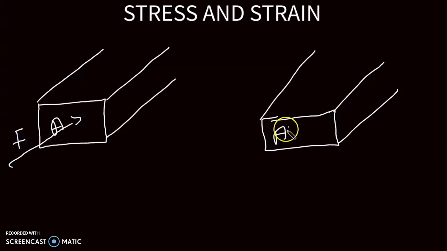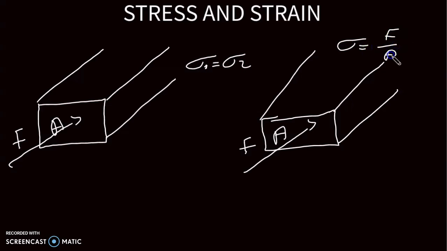The force is the same as well. We have the same force and the same area, meaning stress number 1 will be equal to stress number 2, since we know that stress is given by force divided by area.